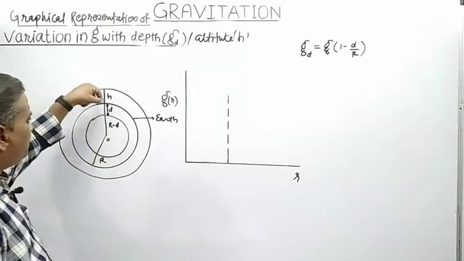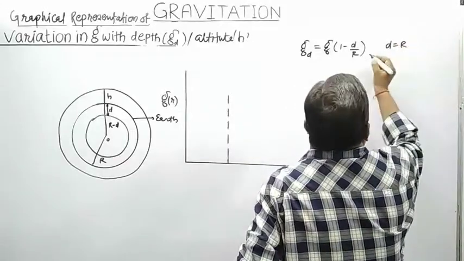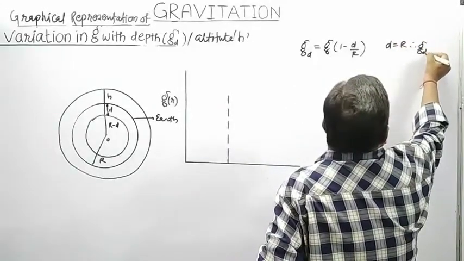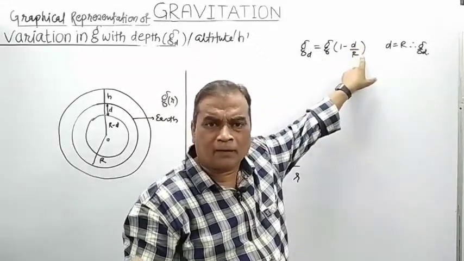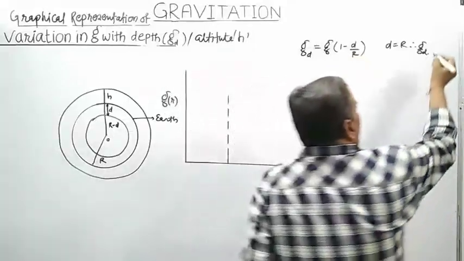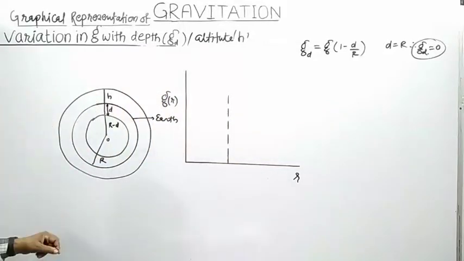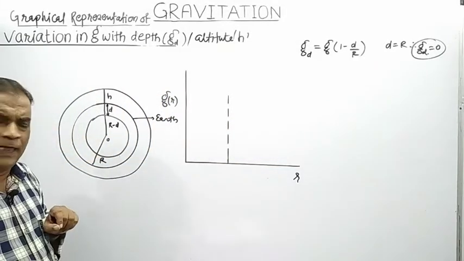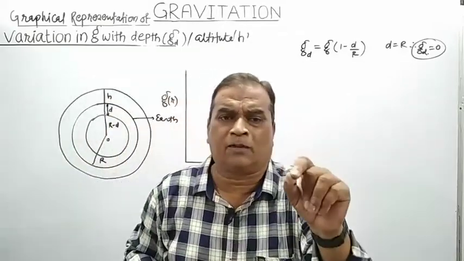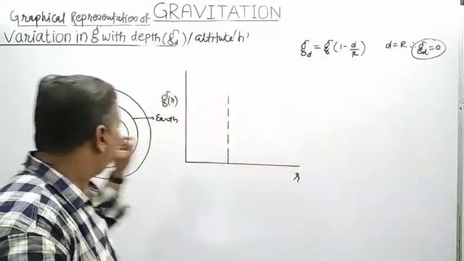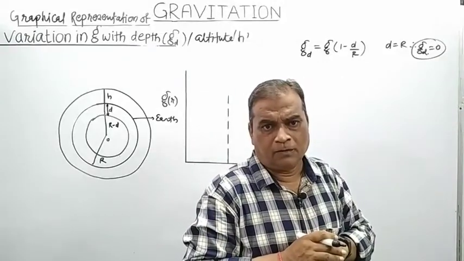If that object is taken to a depth d equal to R, then gD is equal to g into (1 minus R by R). What is R by R? 1. 1 minus 1 is 0. This means any object of any mass, whenever it is kept at the center of the earth, the acceleration due to gravity, or the gravitational force acting on it, is equal to 0.